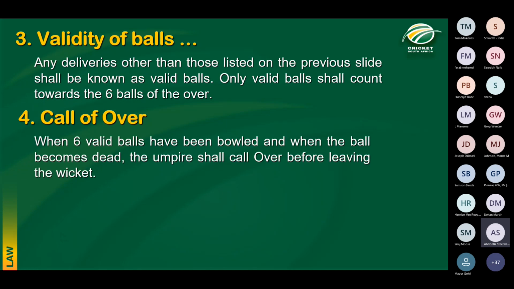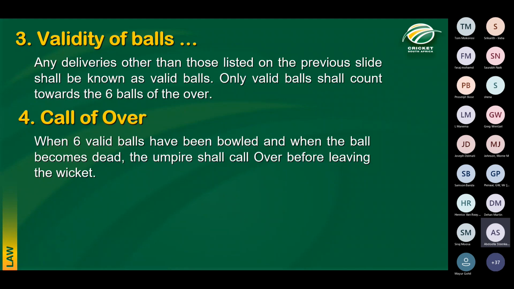The call of over comes after 6 valid balls have been bowled, and importantly, once 6 valid balls have been bowled, the umpire needs to wait for the ball to become dead. Only once the ball is dead and 6 valid balls have been bowled, the bowler's end umpire needs to call over before leaving the wicket.